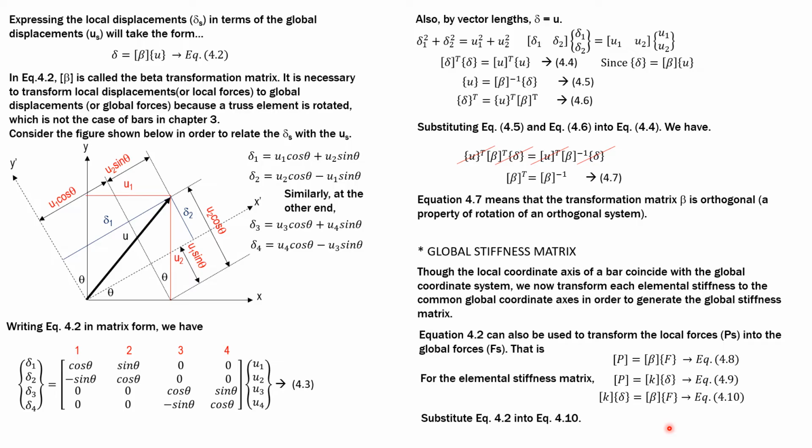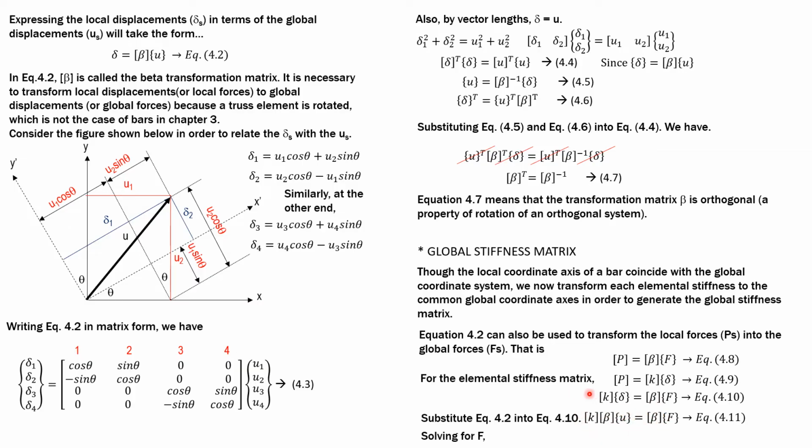Substituting equation 4.2 into equation 4.10, where delta is beta times u, we have the K matrix for an individual bar times the beta matrix times u equals beta matrix times F. If we solve for F, it is the inverse of beta times this value.